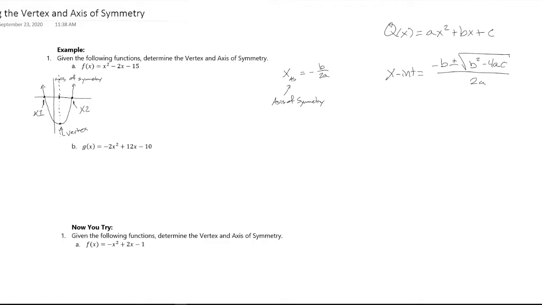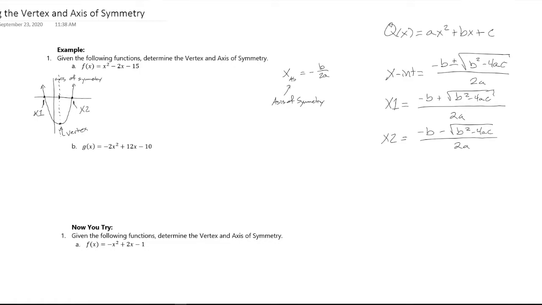So with the plus or minus, we get the two different x-intercepts. We have x1 is the positive, negative b plus the square root of b squared minus 4ac all over 2a. And then x2 equals negative b minus the square root of b squared minus 4ac all over 2a.